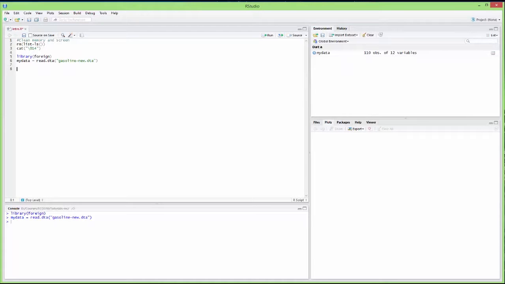For the standard linear regression model, I'm going to use the command lm for linear model, and I have to specify what model I'm going to use. I'm interested in the relation between the quantity and the price, controlling for the wage and the population in each province. So I want the quantity, and I want to regress that on price, the median wage, and the population.